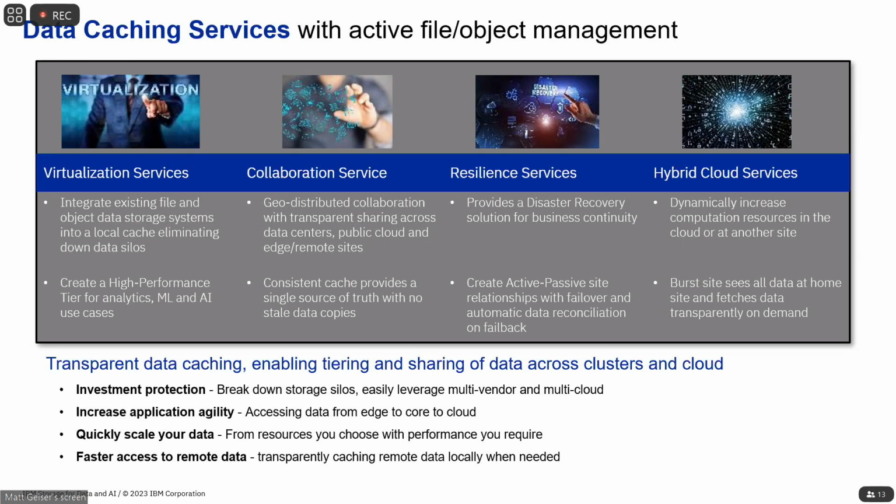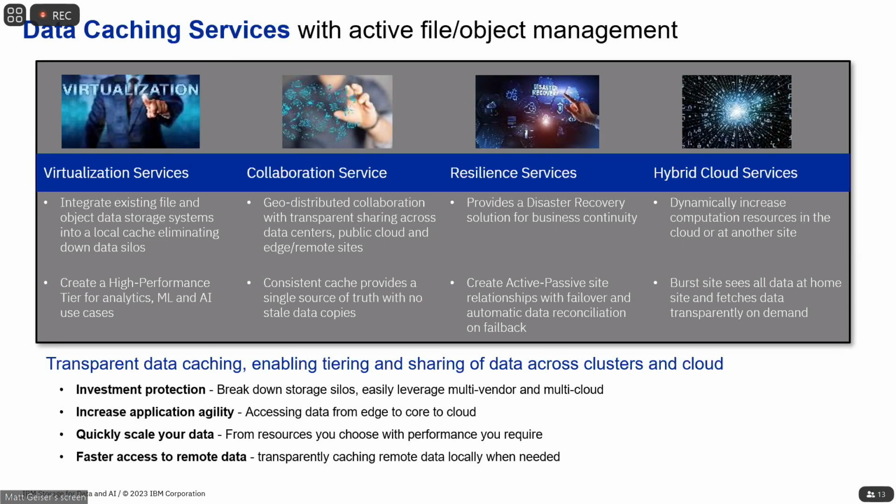In the vertical caching scenario, I need to virtualize existing file and object storage repositories. So I'm going to speak S3 to those underlying object repositories and NFS to those underlying file repositories and cache them. Not make an unnecessary copy of it, but locally cache them to wherever the user is that needs to access that data.